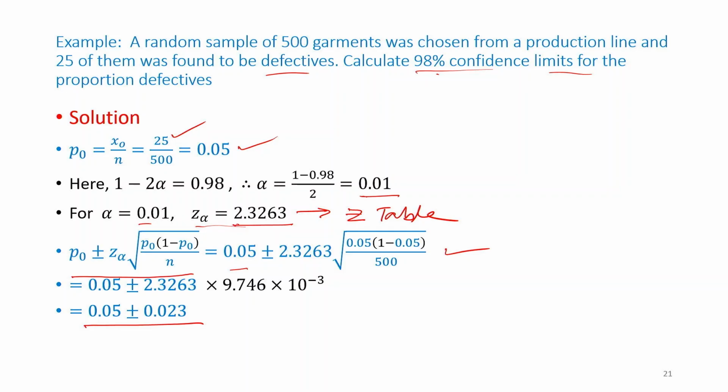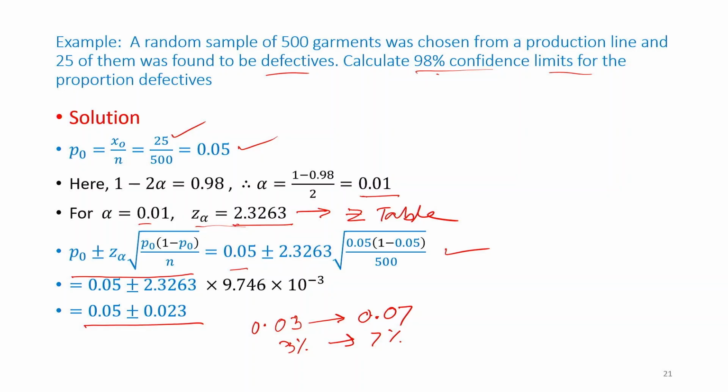So the proportion defective is going to lie between 0.05 plus 0.02, which is 0.07 on the higher side, and 0.05 minus 0.02, which is 0.03 on the lower side. Roughly, it is going to lie between 0.03 and 0.07 as a fraction, or in percentage terms, 3% to 7%.